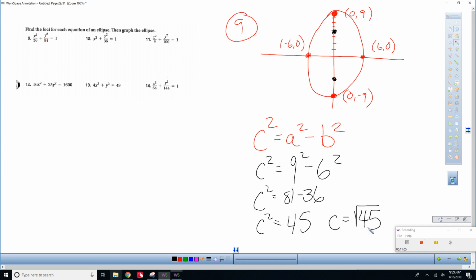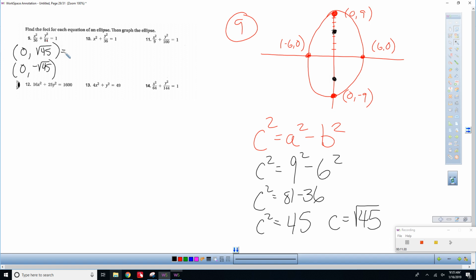Now, I'm not even going to get into simplifying radicals. I don't want to confuse you. So for now, for this one, in academic or honors, we would say the foci are 0, comma, radical 45, and 0, comma, negative radical 45.